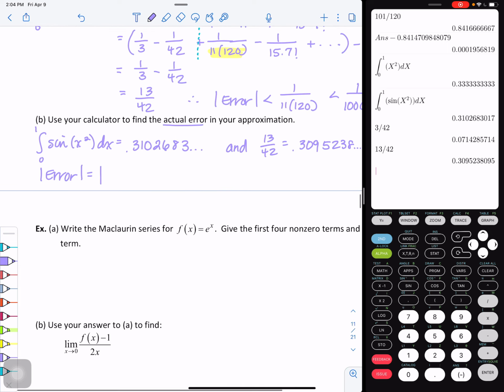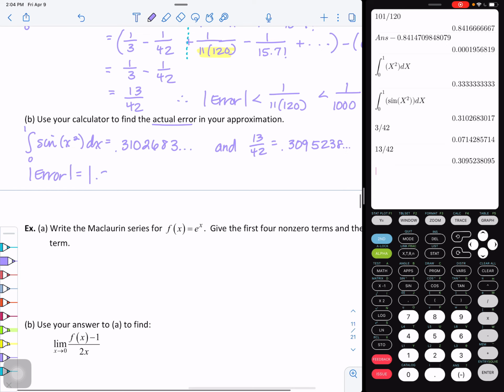Okay, so that error would be 0.3102683 minus 0.3095238.